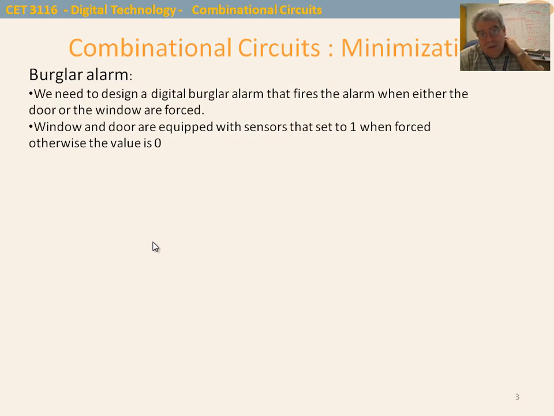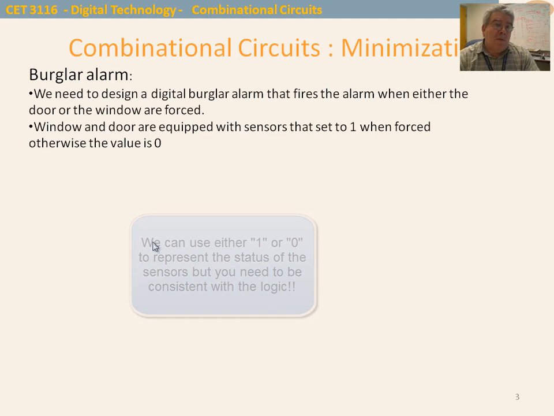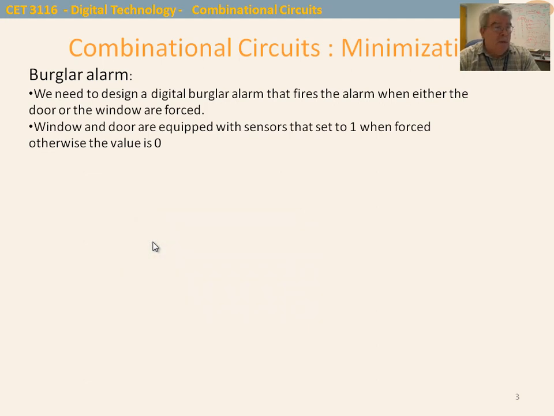If nothing is happening and they remain closed, the value is 0. You simply need to state that as the logic. You may think you would rather have a 1 if the windows and doors are closed and 0 when they're open. That's exactly the same.